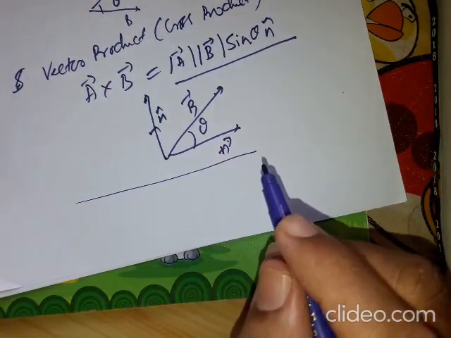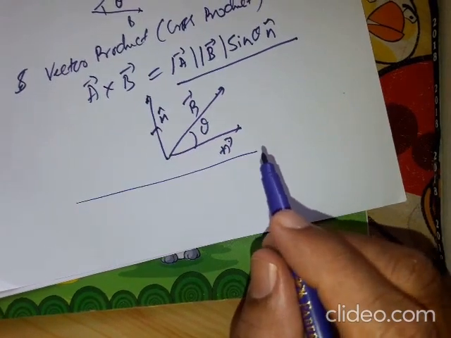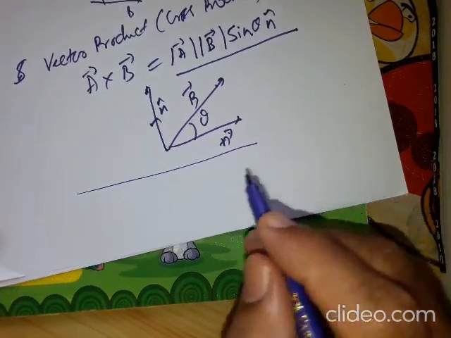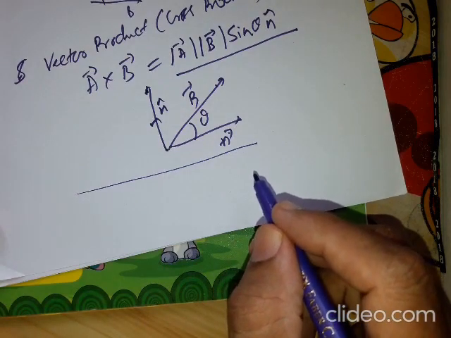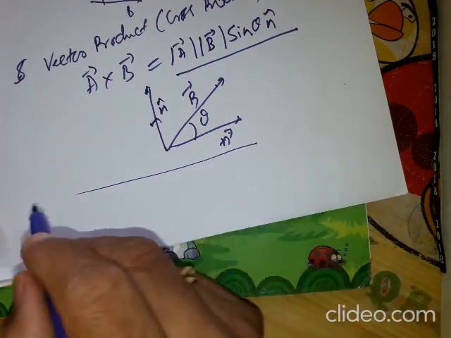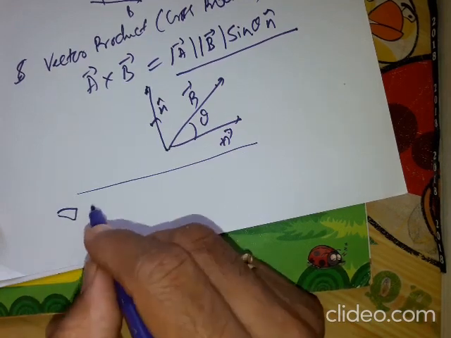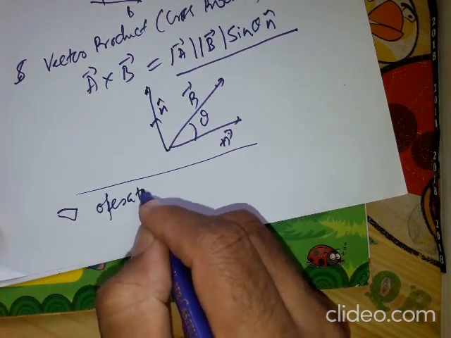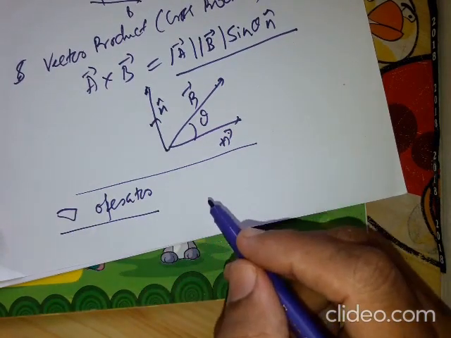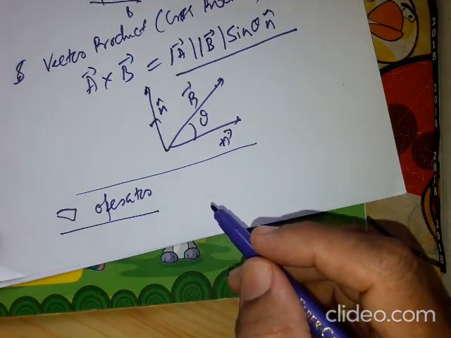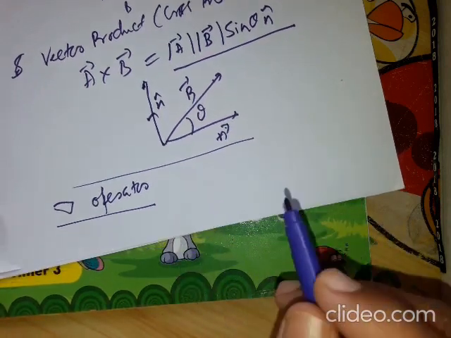Now let us see some of the fundamentals of vector calculus, out of which the one is the operator called the del operator. This is a mathematical operator in vector calculus for doing some operations.